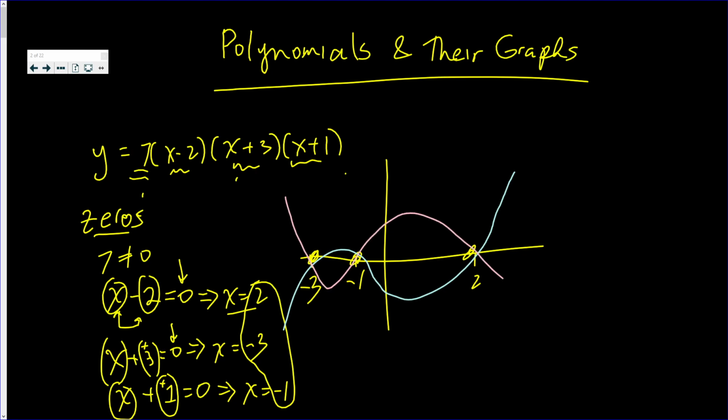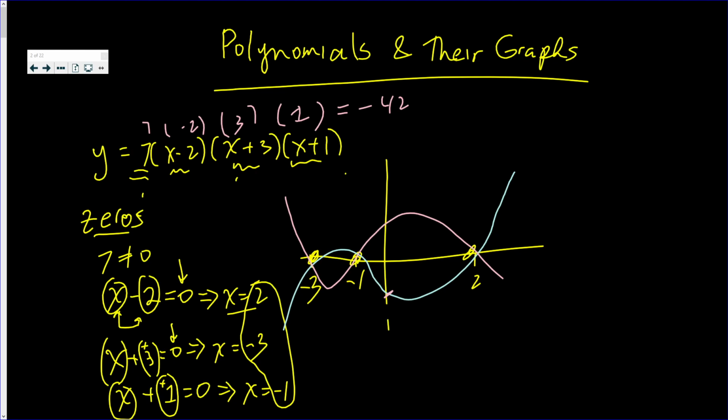The graph goes like that. Now, you can plug in 0 for x. You'll get 7 times -2. 0 plus 3 is 3. 0 plus 1 is 1. And all that really matters is that you'll get a negative number. You'll get -42. And there it is. It's the blue graph.